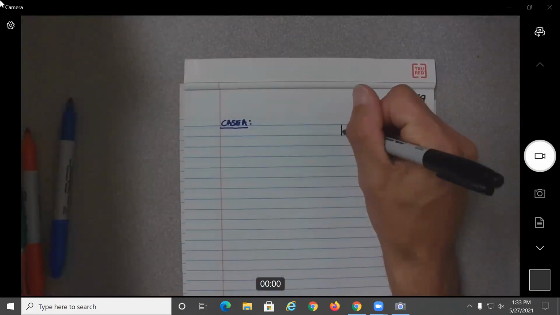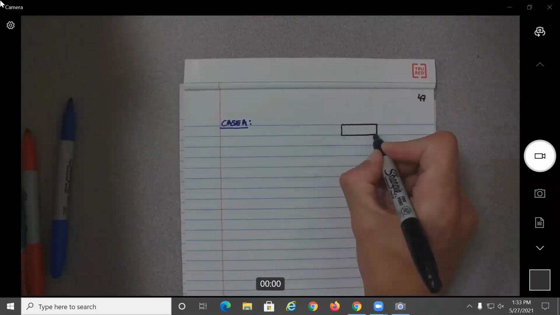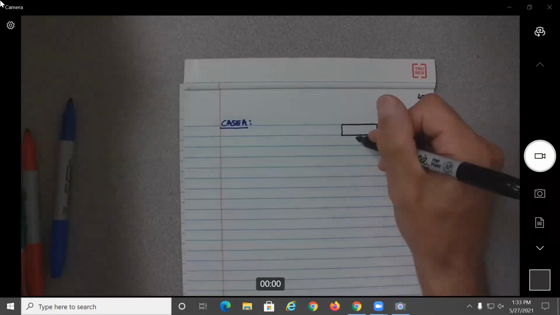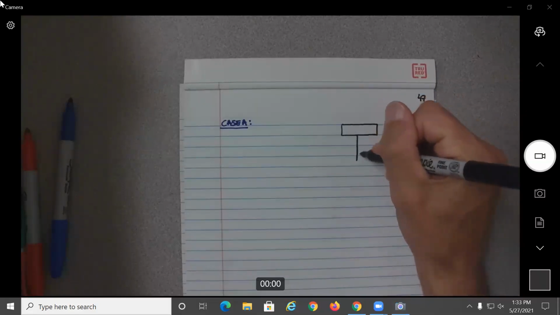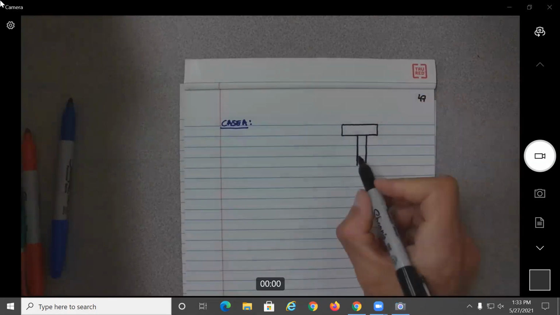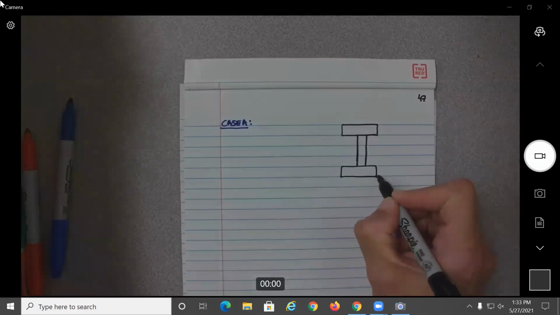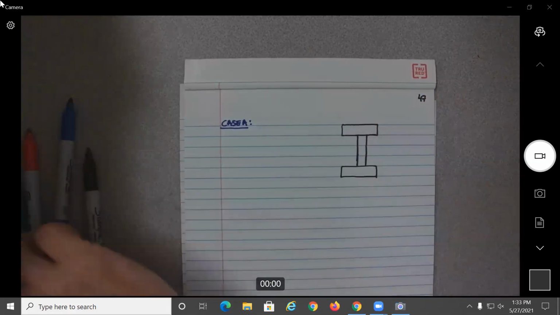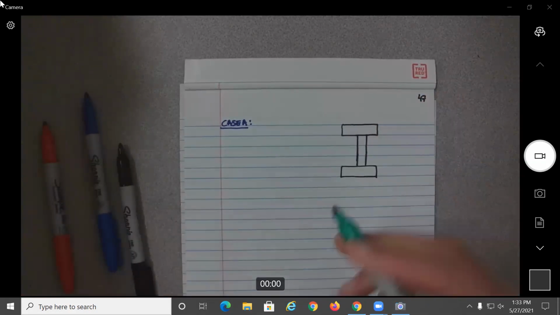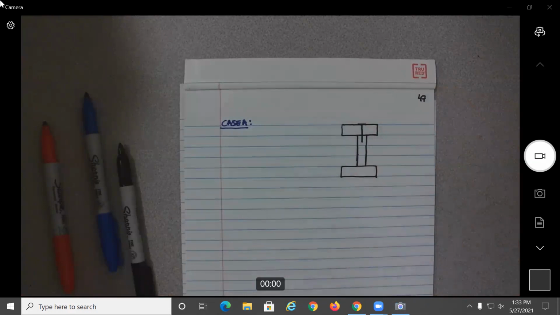I just redo the figure again. Okay, and we are attaching this way.